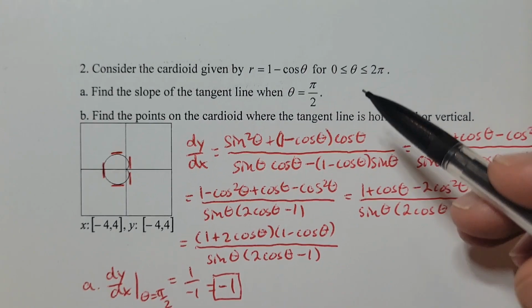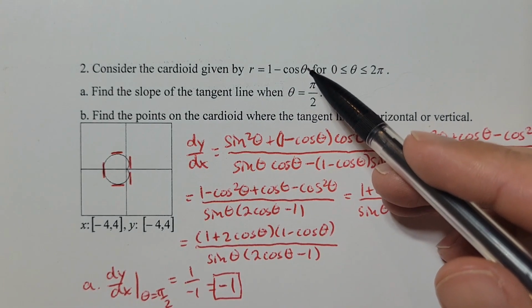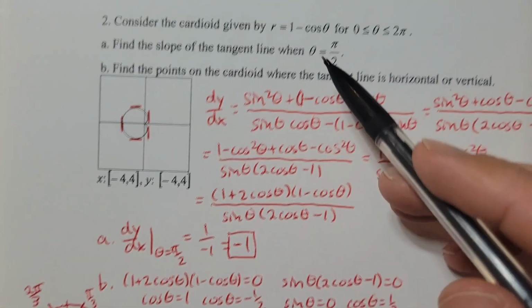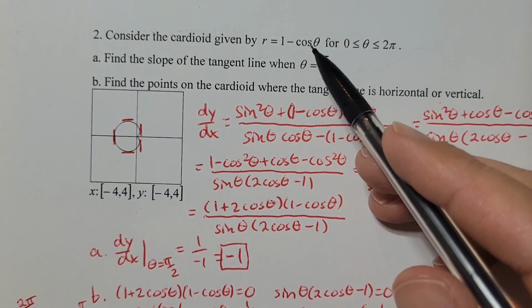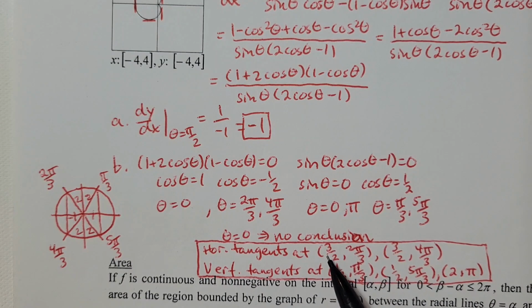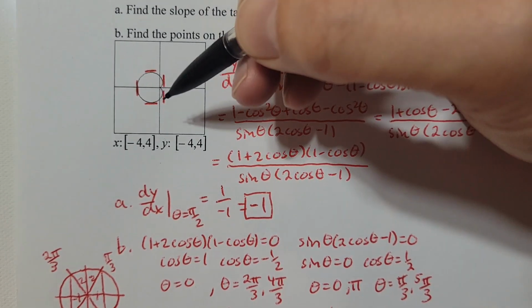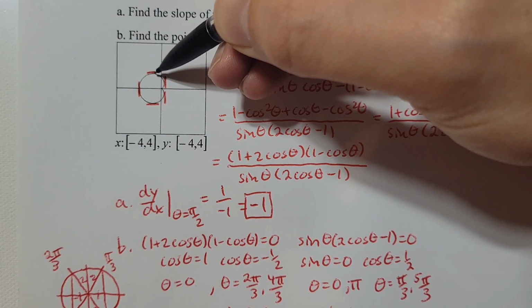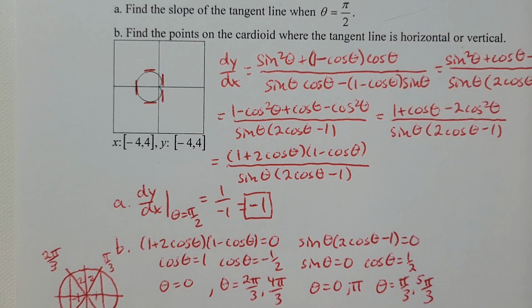When I plug in 2 pi over 3, cosine of 2 pi over 3 is -1/2. So I got 1 minus -1/2, that's 3/2. So on the 2 pi over 3 axis, I need to go out 3/2 units, and that's where that first horizontal tangent is going to be.